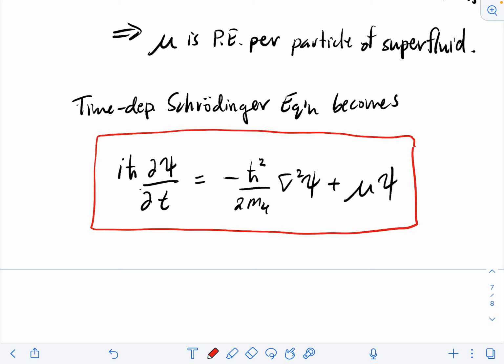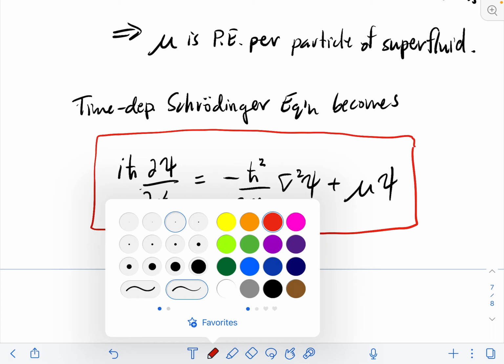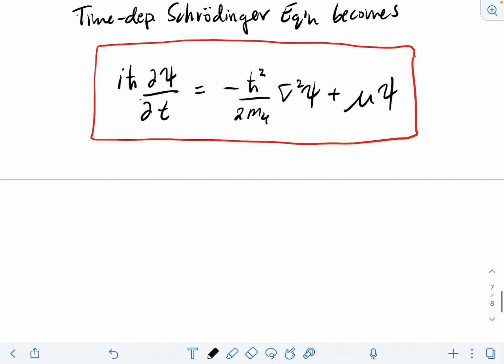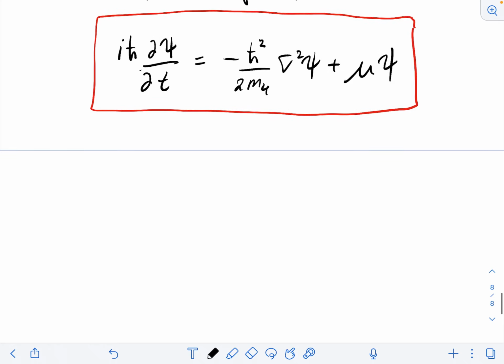All right, and so now we're just going to get into actually subbing our wave function into this expression and working through the derivatives to see where that leads us. So we're going to sub φ equals φ0 e^(is) into the Schrodinger equation, which is in the red box above.